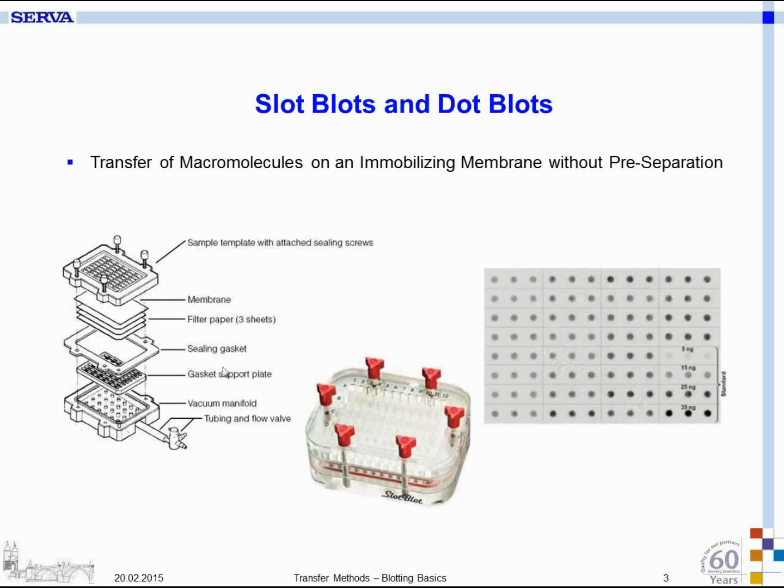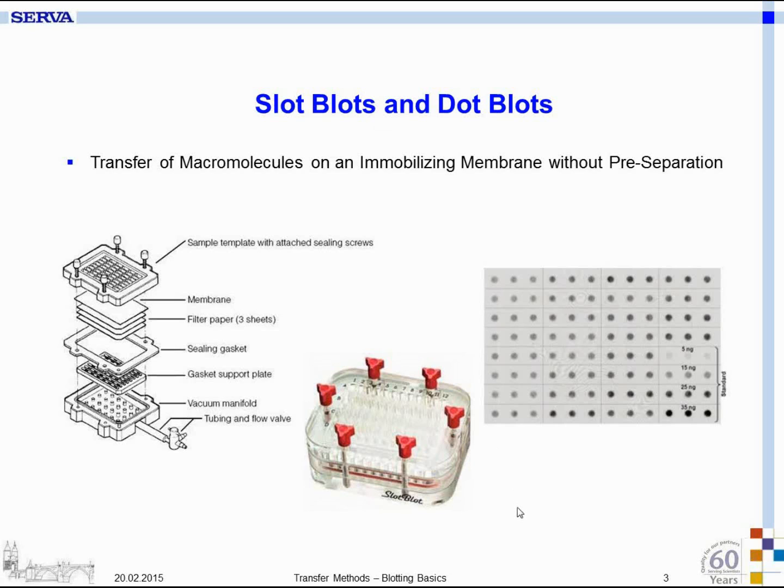Here you have some apparatus examples for transferring proteins in an organized way onto a membrane for slot blots or dot blots. These are the systems. And here you see a typical result for a dot blot after detection of the blotted macromolecules.